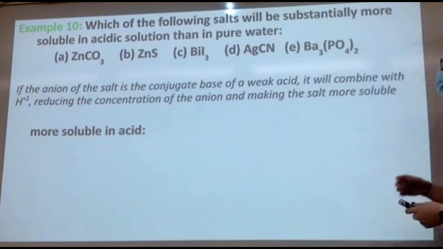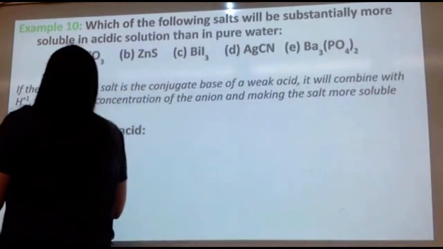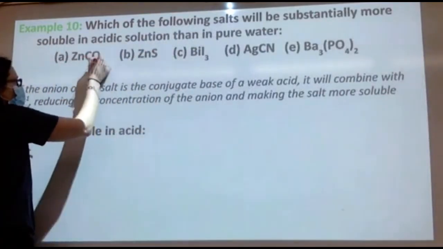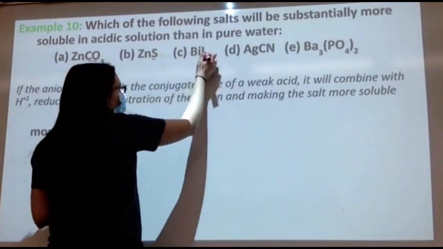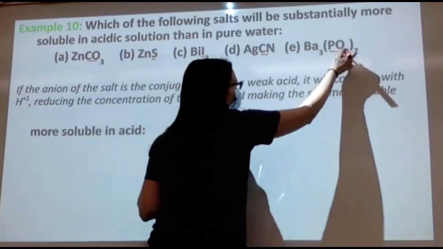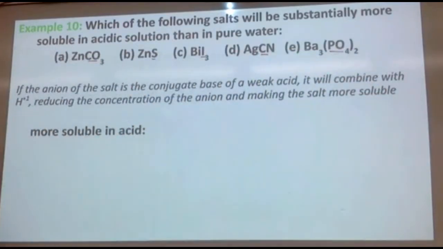And so let's just take a look first. Let's just classify parts of these salts. So we're focusing on the anions. And our goal, because remember the anion of a salt comes from an acid, is to see what acid it comes from and what that means about the anion of the salt.